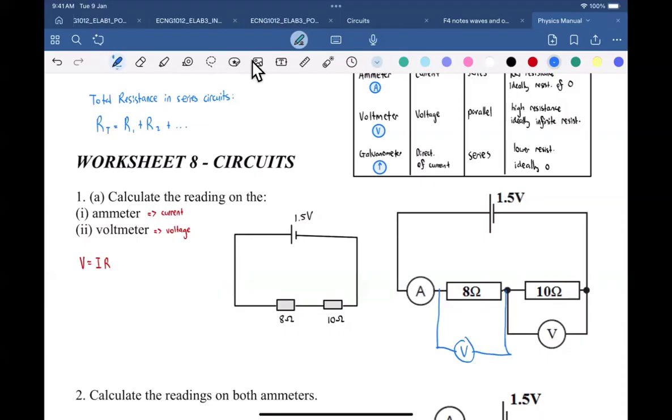So for part 2, figure out the voltage across the 8 ohms and the voltage across the 10 ohms. And I want you all to observe what you're seeing. Use the 1 over 12, don't use the 0.083.